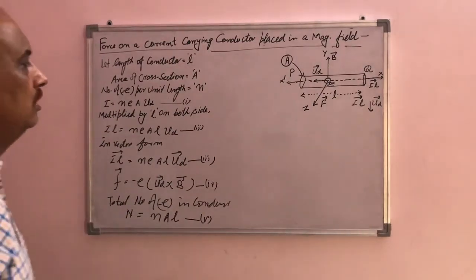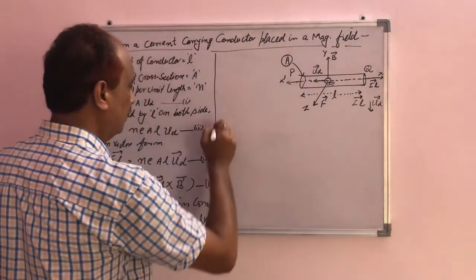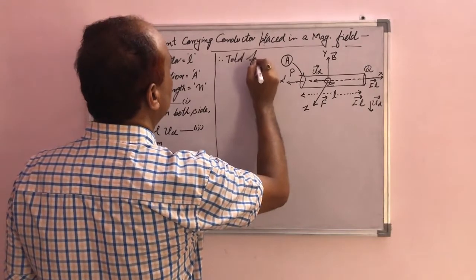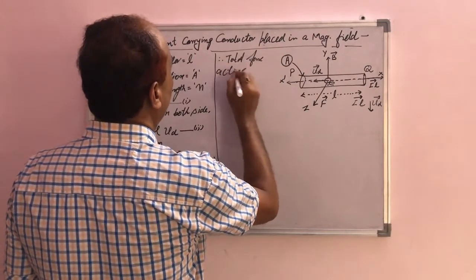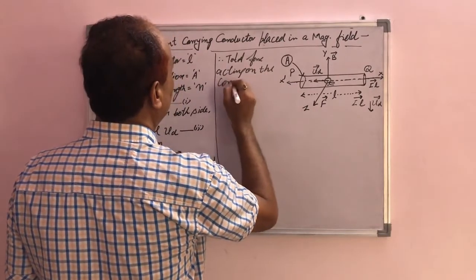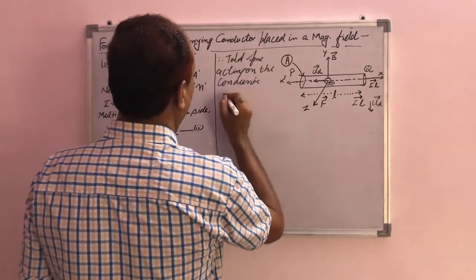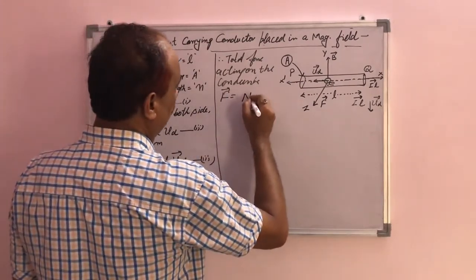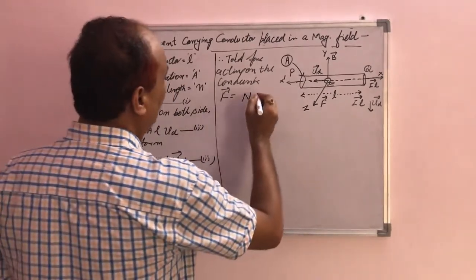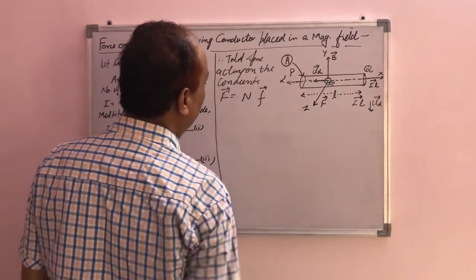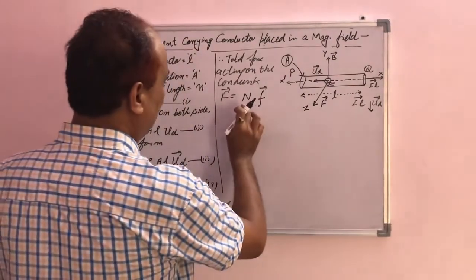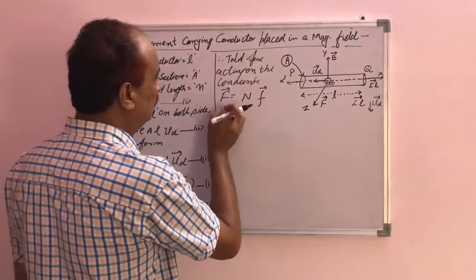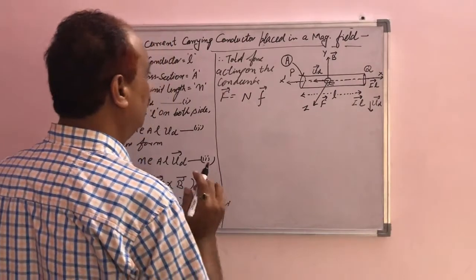Now we can find the total force acting on the conductor. The total force, capital F, is equal to the total number of electrons present in the conductor multiplied by the force small f acting on one electron. So F equals N into f.